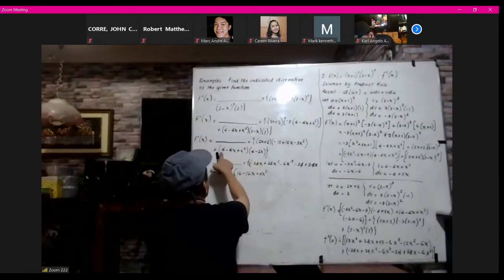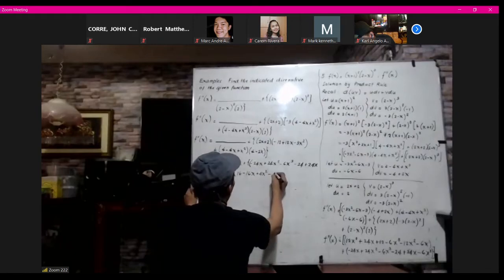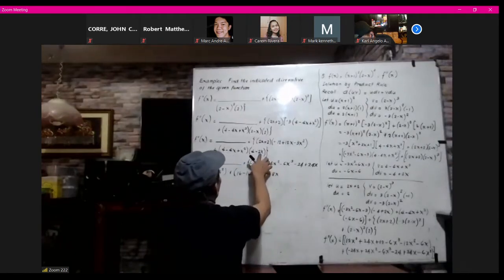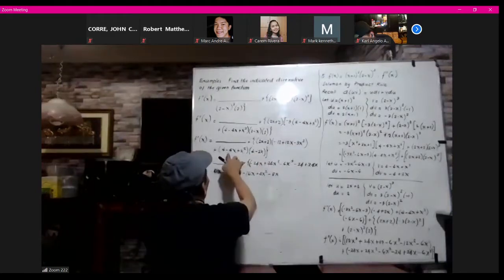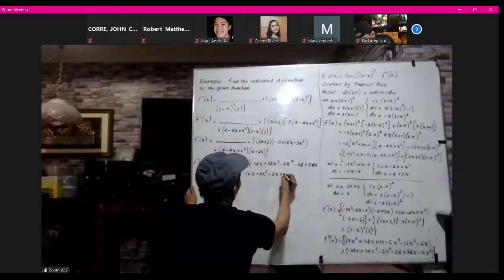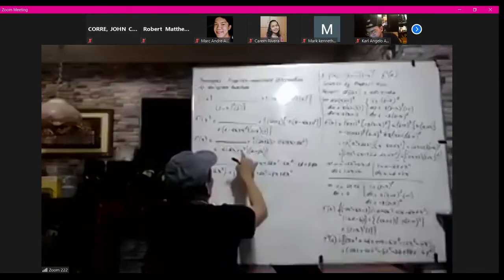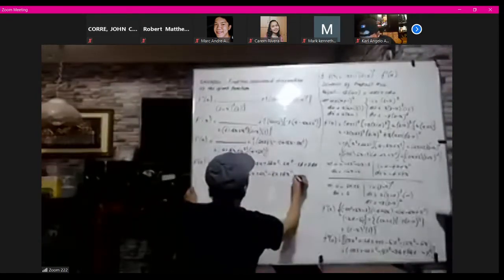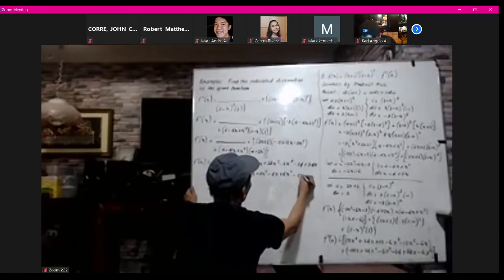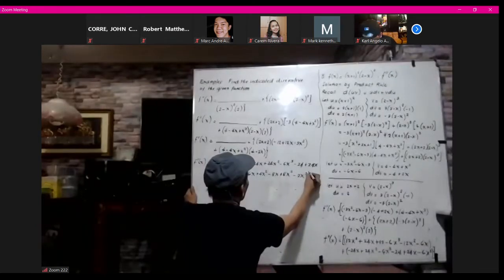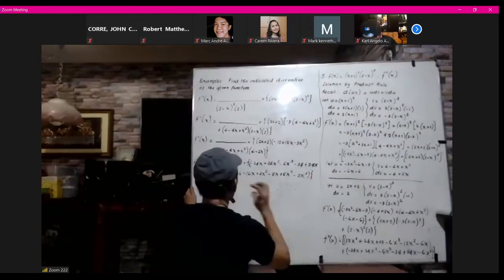Negative 2x times 4 is negative 8x. Negative 2x times negative 4x, positive 8x squared. Negative 2x times x squared is equal to negative 2x cubed. Yan. So, i-close parenthesis na natin.